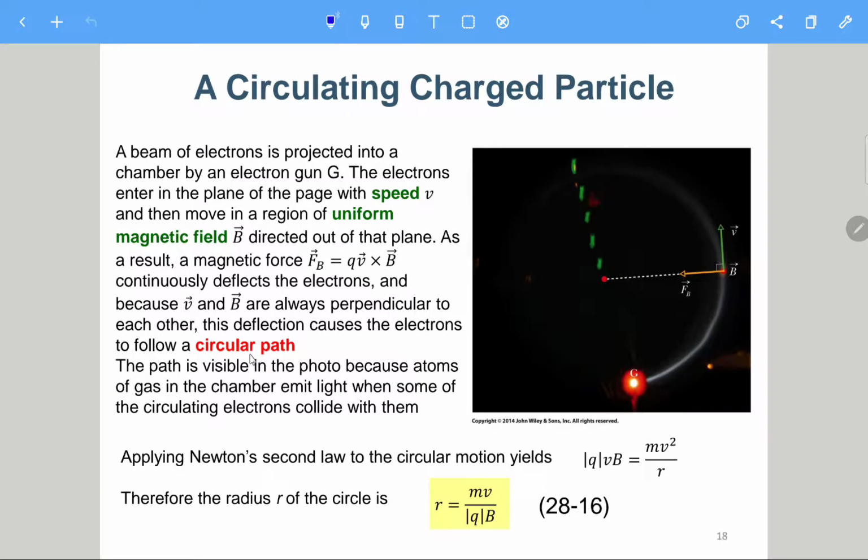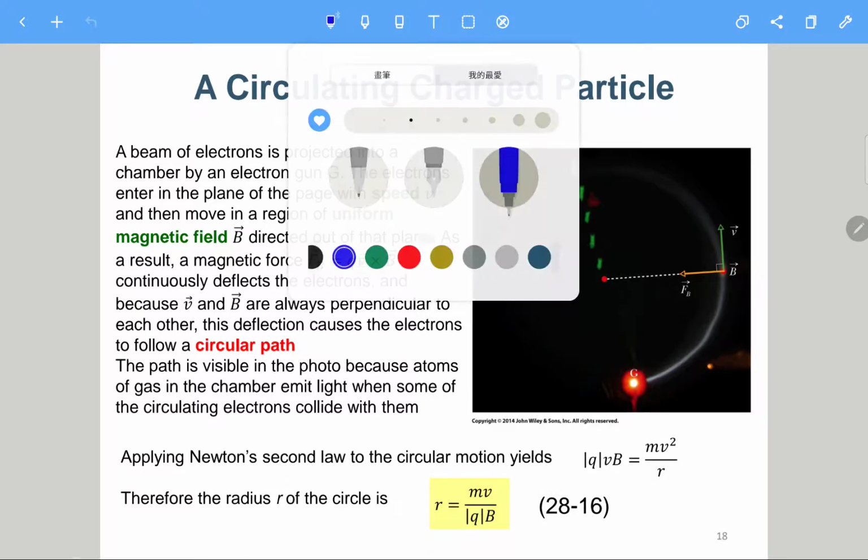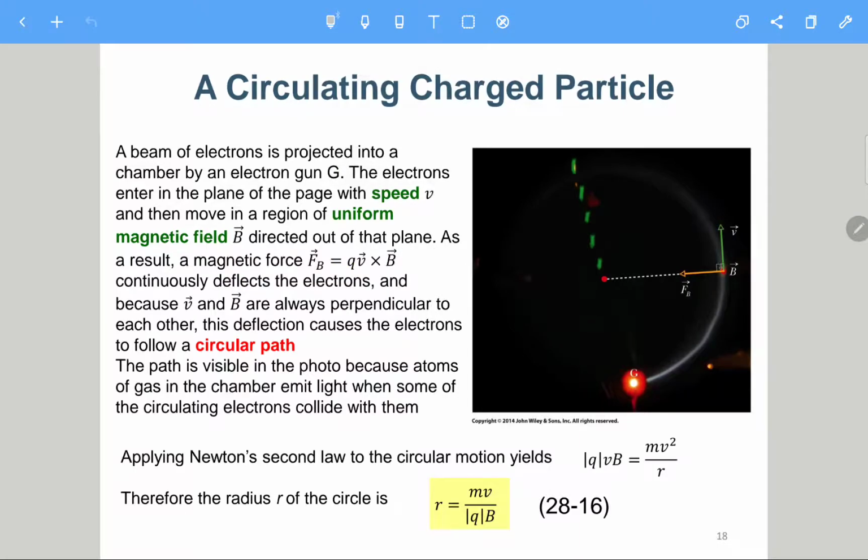Which is like a circle, though not really like a circle. Maybe it should be larger.